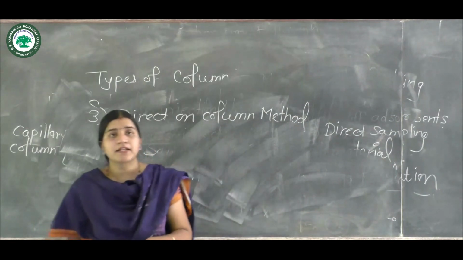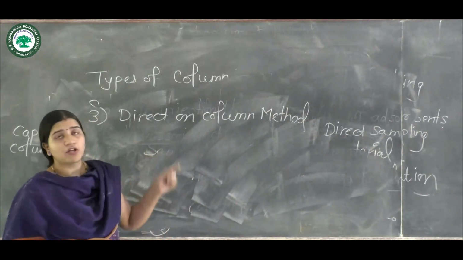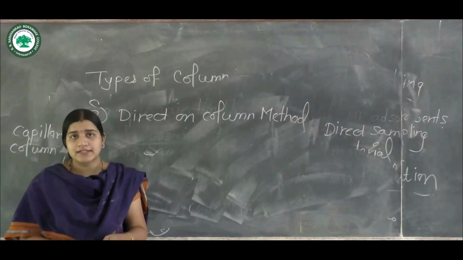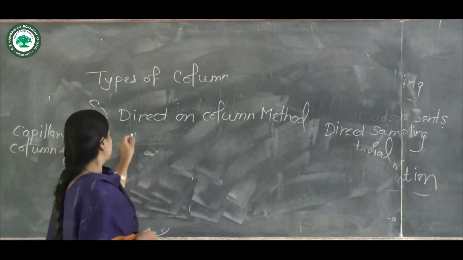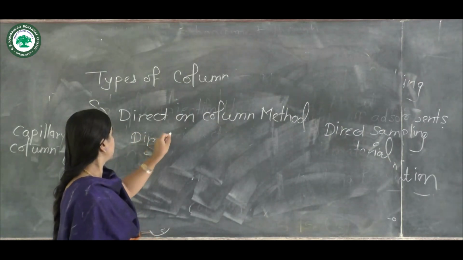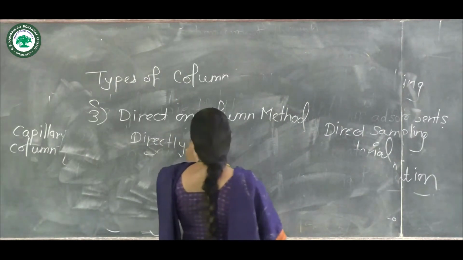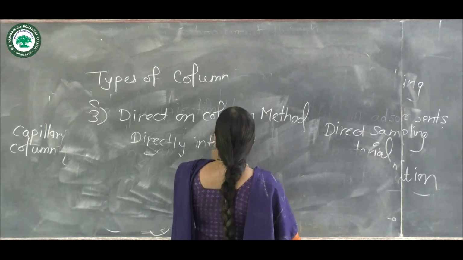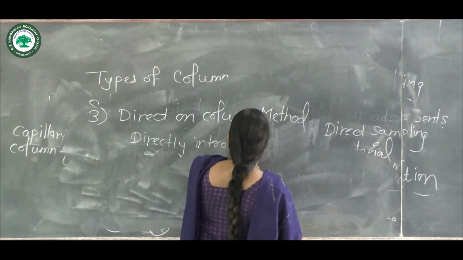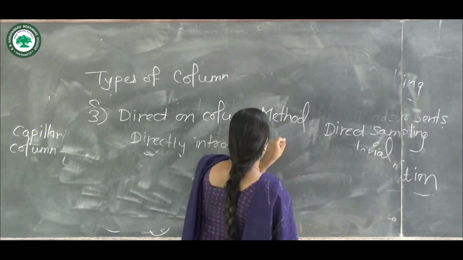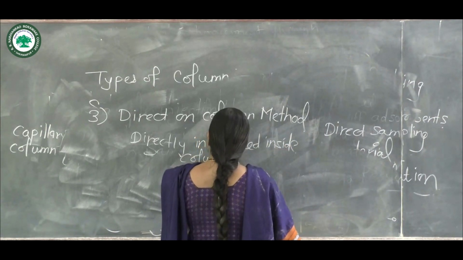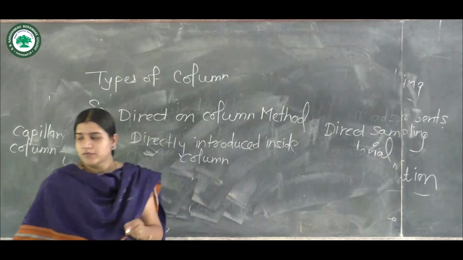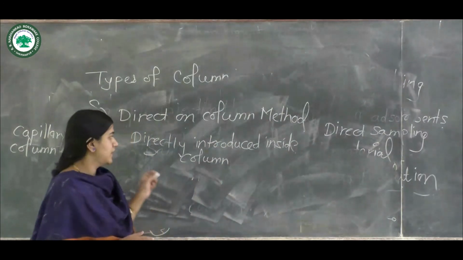Now, as the name indicates, in the direct on column method, the sample is directly introduced inside the column. But what is the necessary condition?